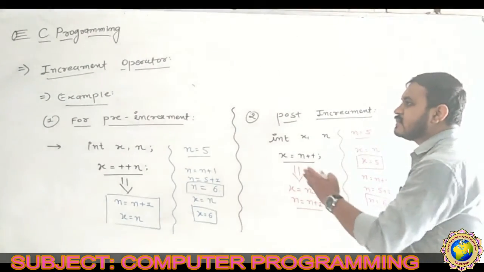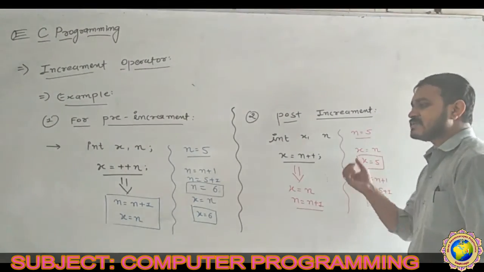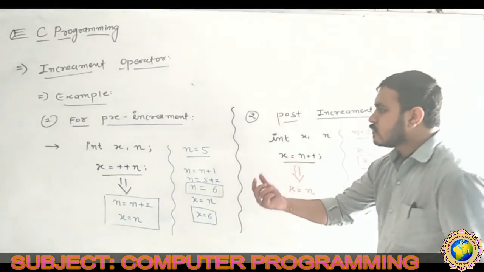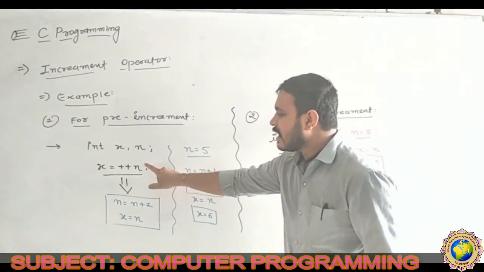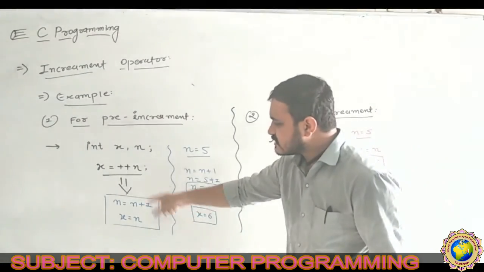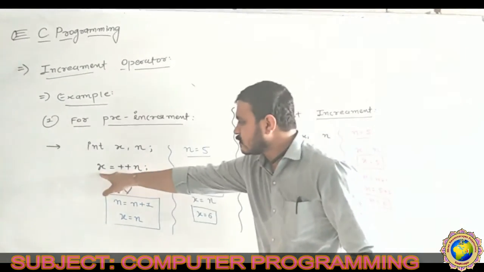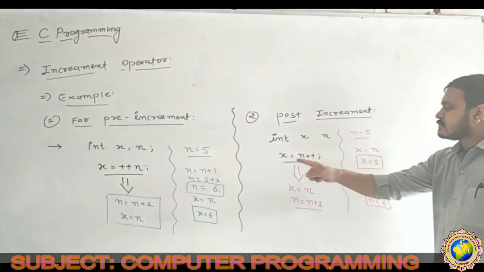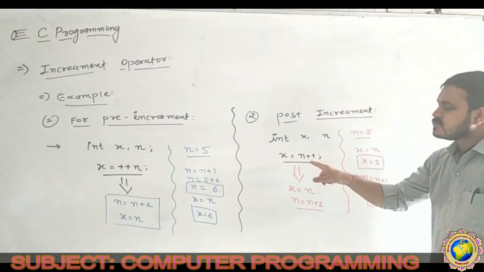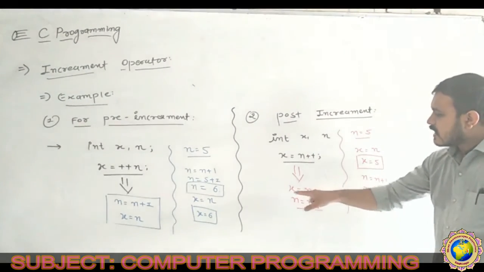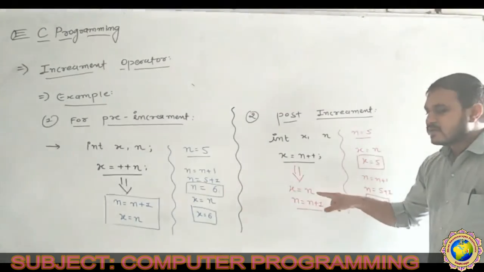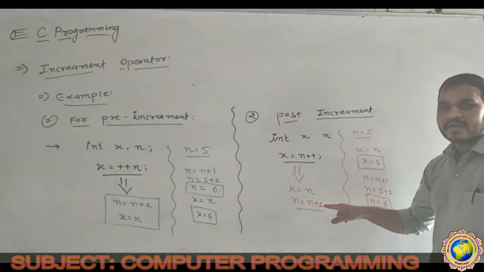The difference between the pre-increment and post-increment is that when you use the pre-increment, the value of the particular variable is incremented first, then the value is assigned. And for the post-increment, first the value is assigned, then the variable is incremented by 1.